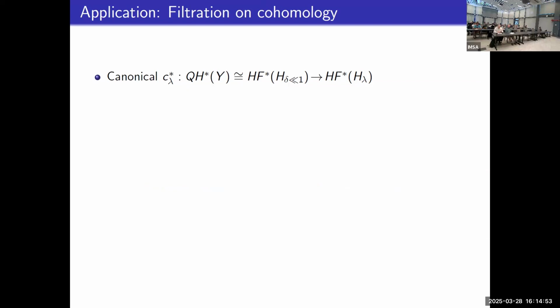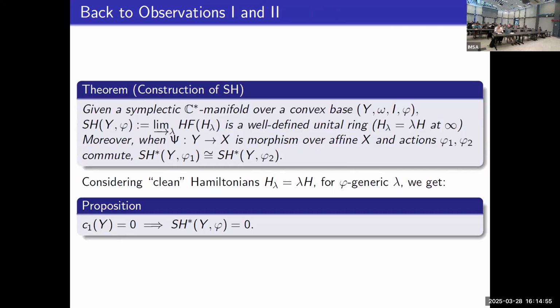How naturally do we get it? This symplectic homology is defined as a direct limit. In this direct limit, if lambda is small, as I said on the first slide, for small Hamiltonians, your Floer homology is just Morse homology, just the ordinary homology as a vector space. With the ring structure, it's actually quantum homology, so the pair-of-pants product converges to the quantum product for a small Hamiltonian.